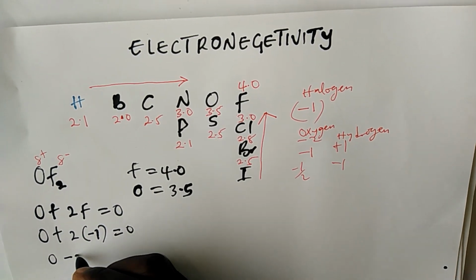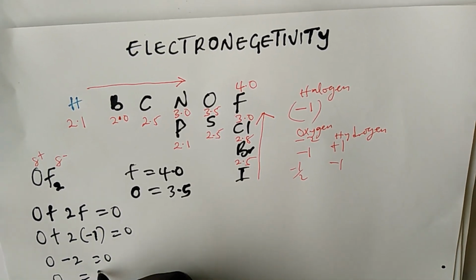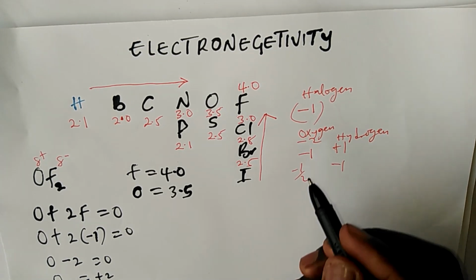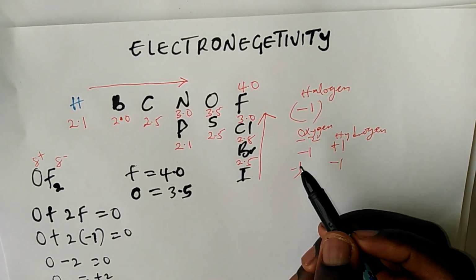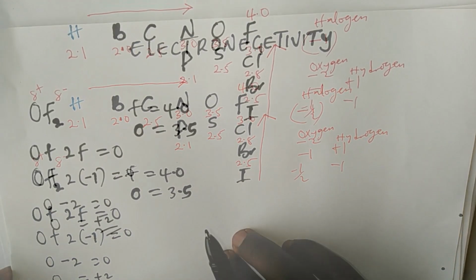Oxygen minus 2 is equal to 0. Oxygen is equal to +2. So you see, usually oxygen carries -2, but in this case, because oxygen is carrying the partial positive charge, the oxidation number is +2.